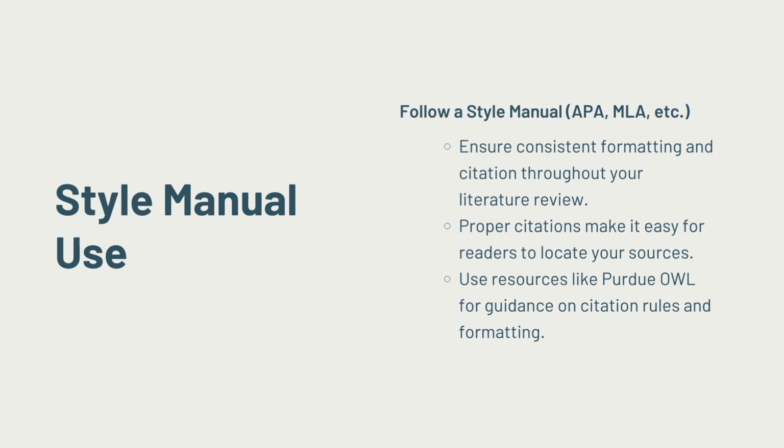Following a style manual is important for formatting your literature review correctly. Most commonly, the APA, which I mentioned a while ago, is used for social science research. Properly formatted citations not only enhance the professionalism of your paper, but also make it easier for readers to locate the sources you have referenced.